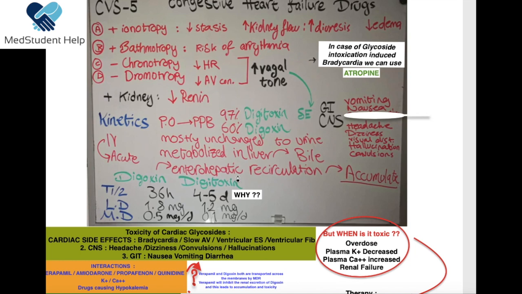So it is going to be reabsorbed from the intestine, and this is the so-called enterohepatic recirculation of the digitoxin. And that's why digitoxin should be much more carefully administered than digoxin, because digitoxin carries a risk of accumulation because of the enterohepatic recirculation.